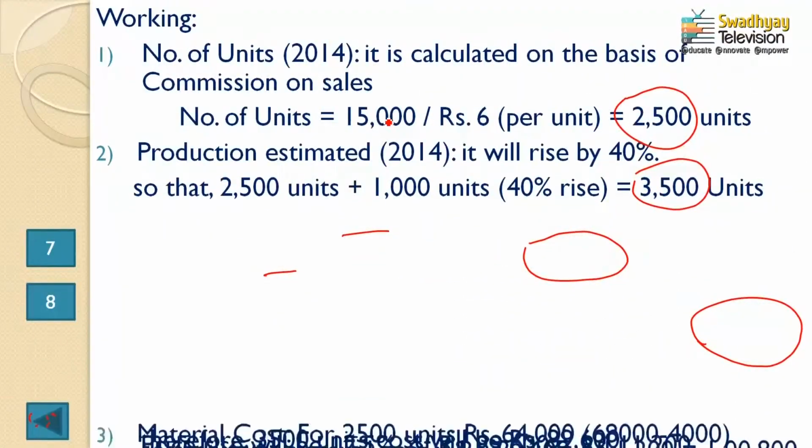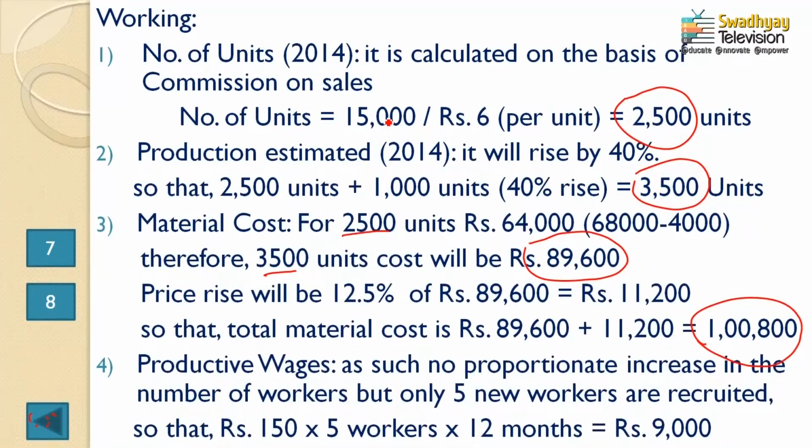So now let's see how the productive wages would be calculated for the year 2014. There is no proportionate increase in the number of workers, but only 5 new workers are recruited and their salary per month is 150 rupees. So 150 rupees per month for 5 workers for 12 months comes to rupees 9,000.